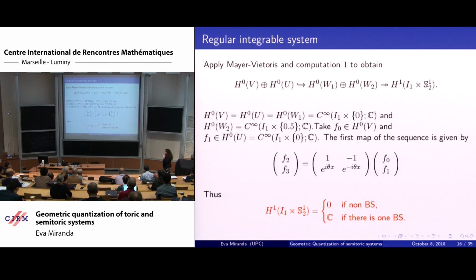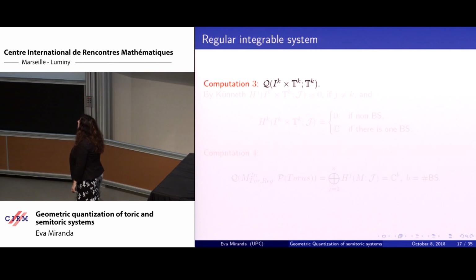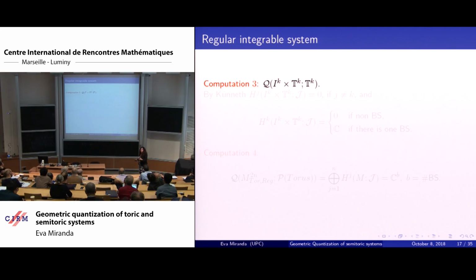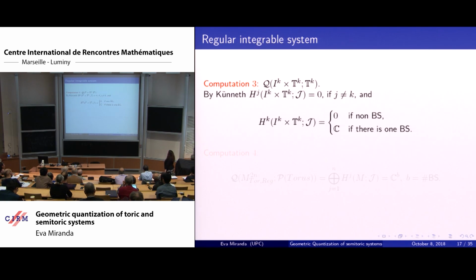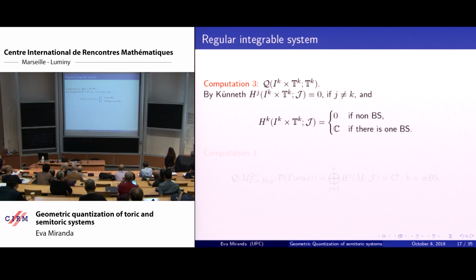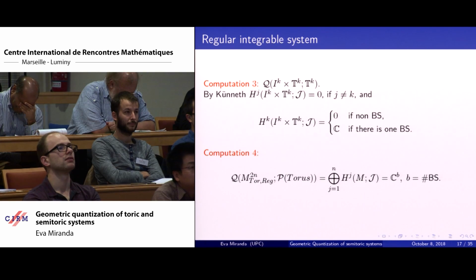So I can essentially just fish out Bohr-Sommerfeld leaves by looking at a Mayer-Vietoris argument. This is not very interesting, but it's just to show you that this gives a shorter proof of Sniatycki's theorem by these second-year arguments. If I want to consider the general case of the cotangent bundle of the torus, I will just apply the Künneth formula. Künneth tells me that I just restrict to the lower-dimensional case, and I take a product.